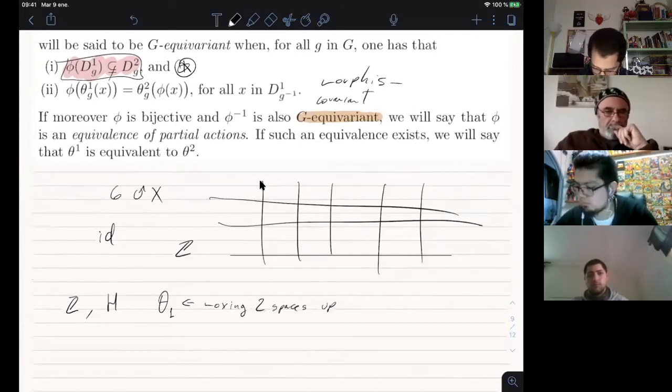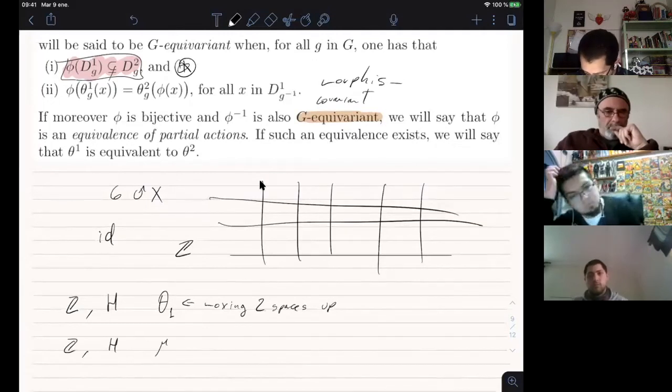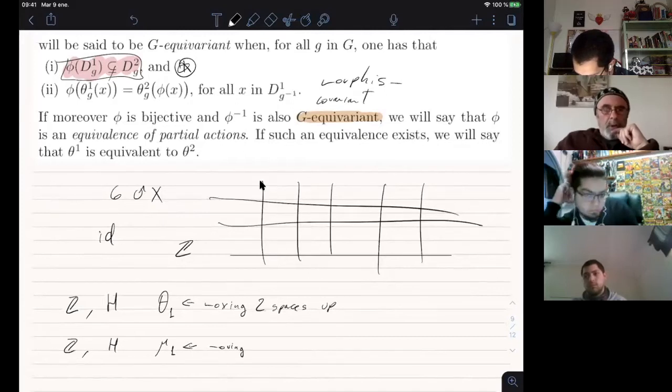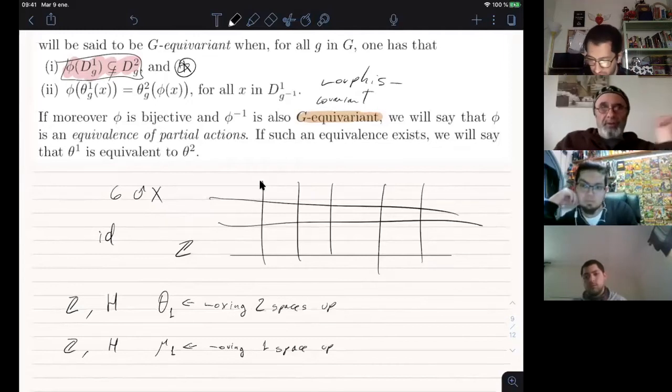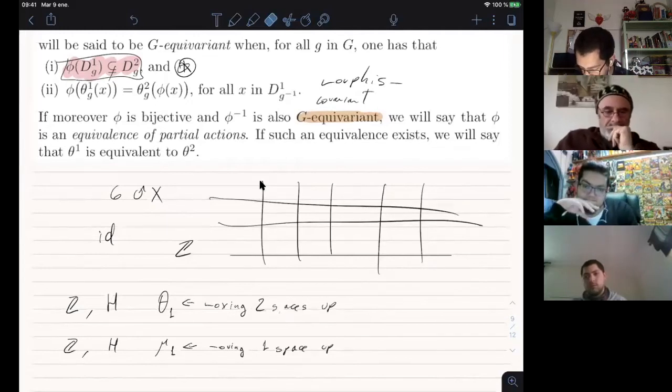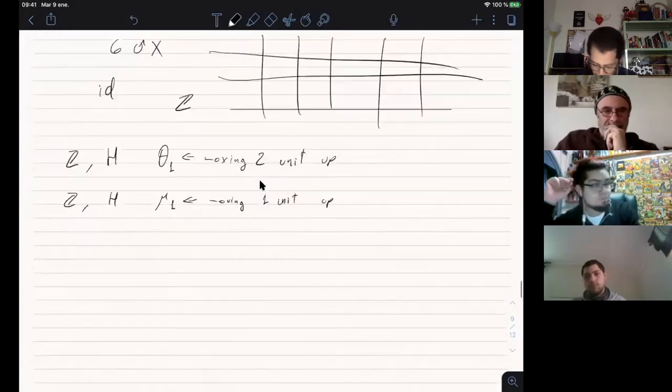And the other action could be mu_1, which is going to be moving one unit up. One unit would mean 1 centimeter. Then we can define phi as the identity map on H.